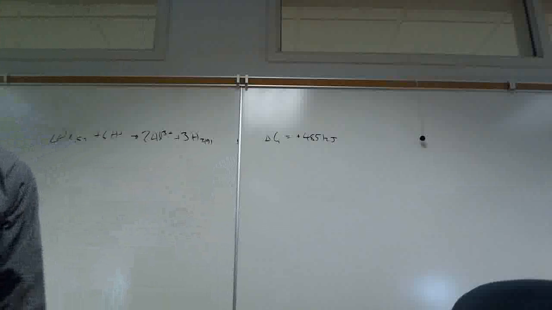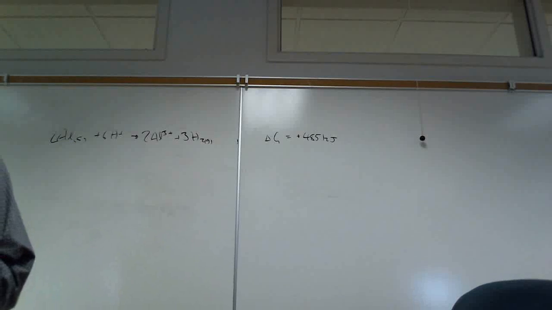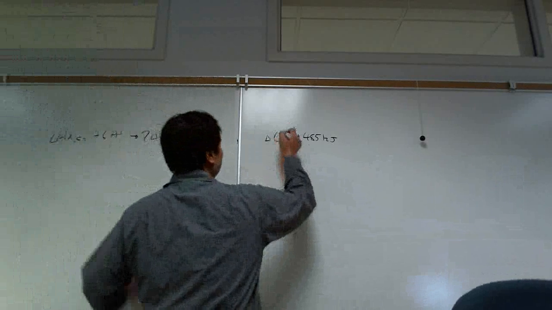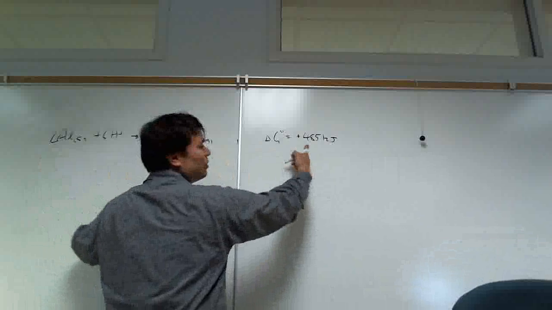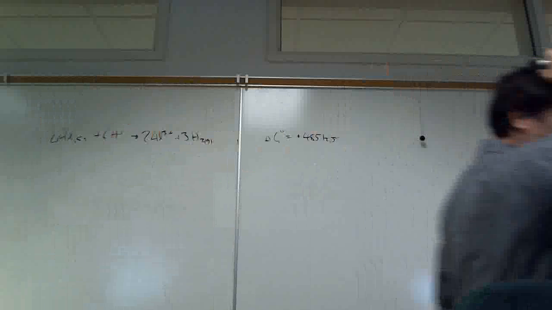That's got to be a mistake. Are you talking about delta G of formation, or the delta G of the reaction? Delta G naught of this reaction. It says positive 485, so it's assumed. Yeah. Okay, I better look at it.